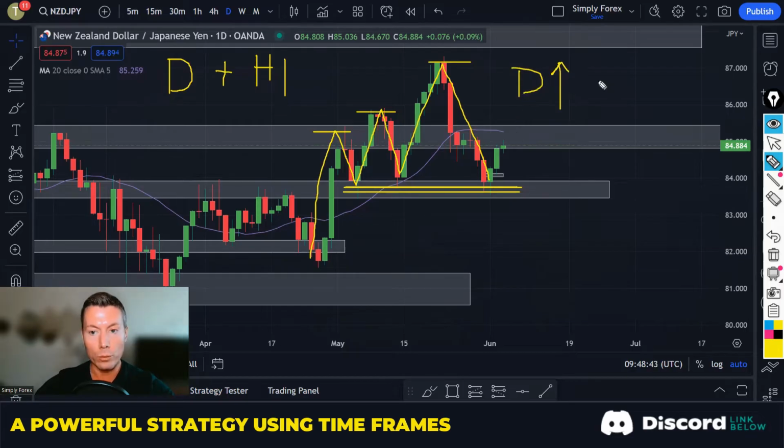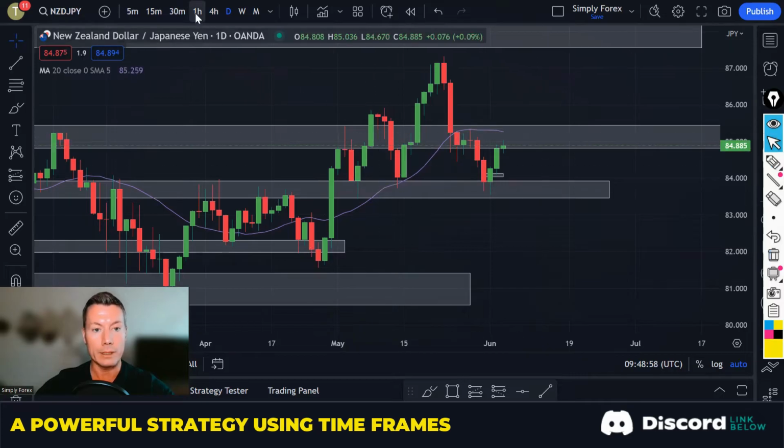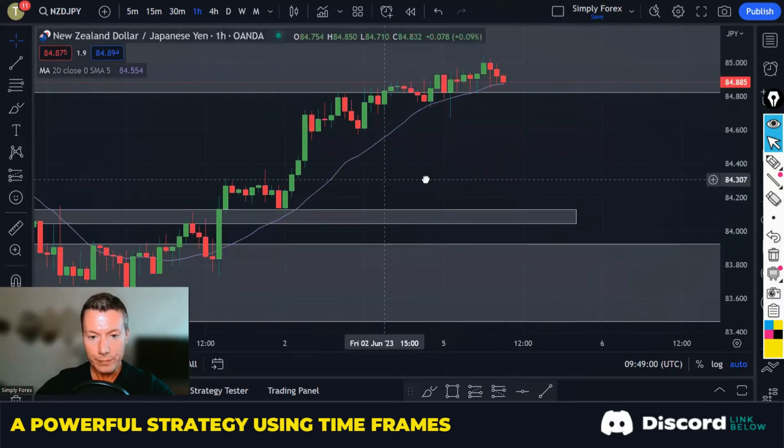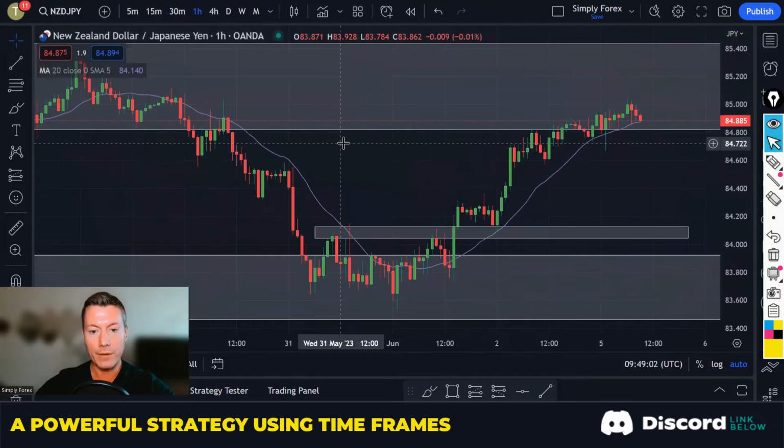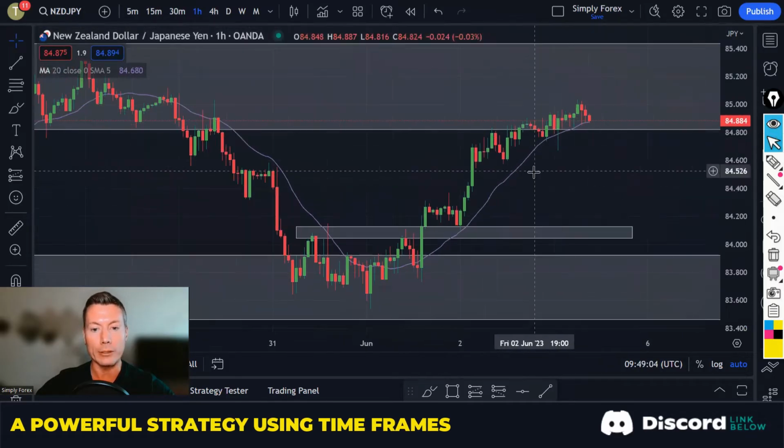Therefore, when we drop down to the H1, we want the H1 structure or trend to be in an uptrend. Very simple, guys. So bear that in mind. Let's drop down to the H1 now and find this wonderful entry.